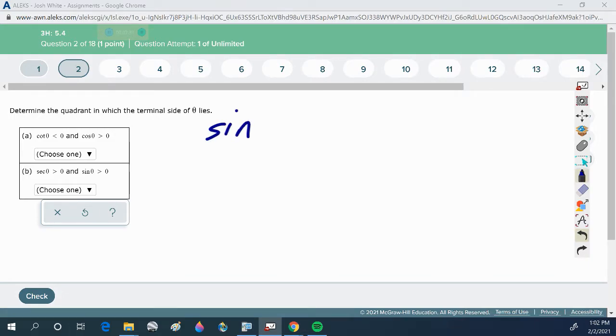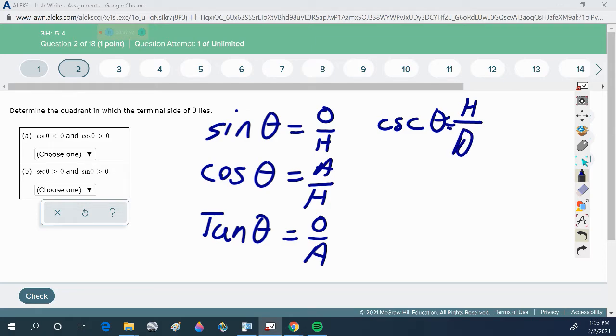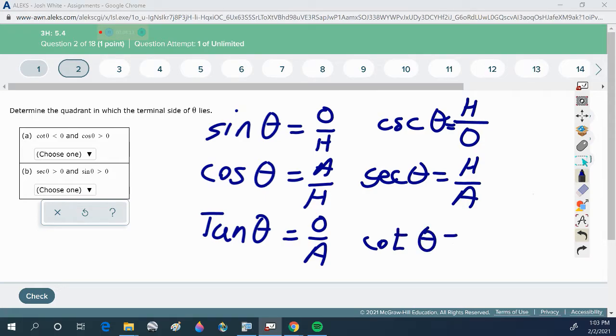Sine is O over H, cosine is A over H, tangent is O over A, and then the cosecant is H over O, and then the secant is H over A, and the cotangent is A over O.